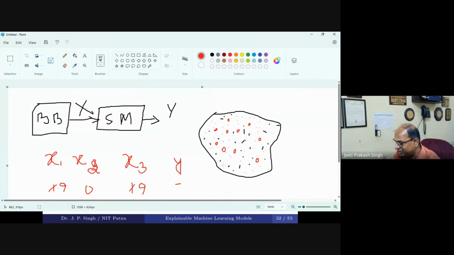But these are going to be used for a separate model, not for the original model. So in that sense, this is not augmenting the original data. This is in fact a new data set created for the purpose of training the surrogate models.